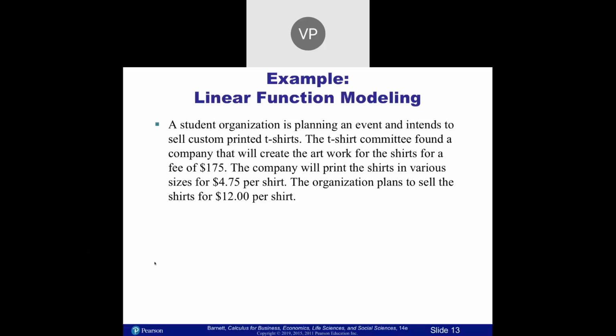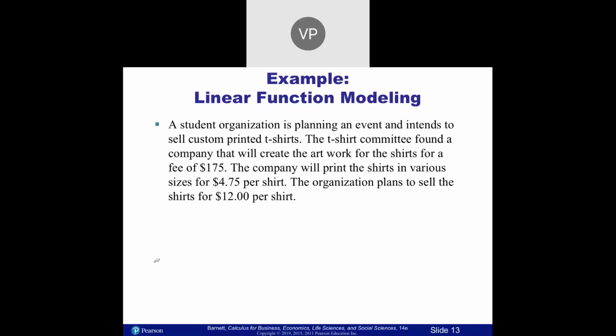So to add some clarification on that one, it doesn't matter how many shirts you order. If you've ever done this before, the $175 is a fee just for designing. So whether you make one shirt or you make 1,000 shirts, there's a fee of $175. Then there's going to be the fee per shirt. So the flat fee is the $175.